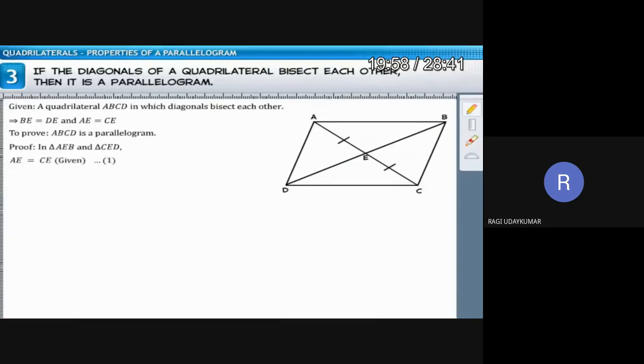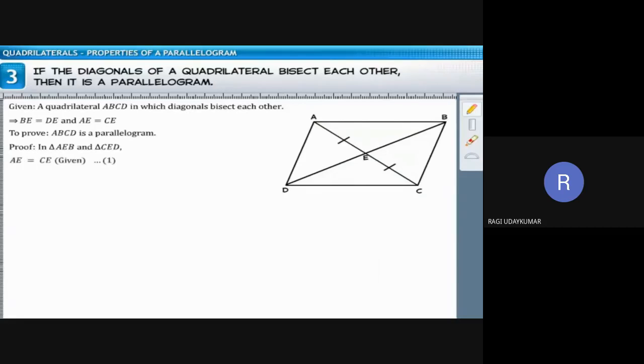Let me explain. In triangles AEB and CED, we have a quadrilateral ABCD in which the diagonals bisect each other.